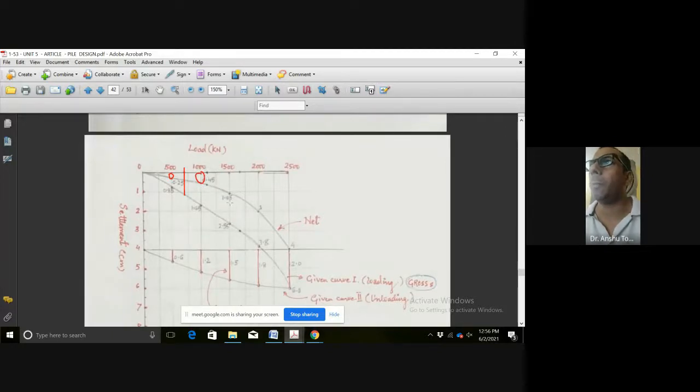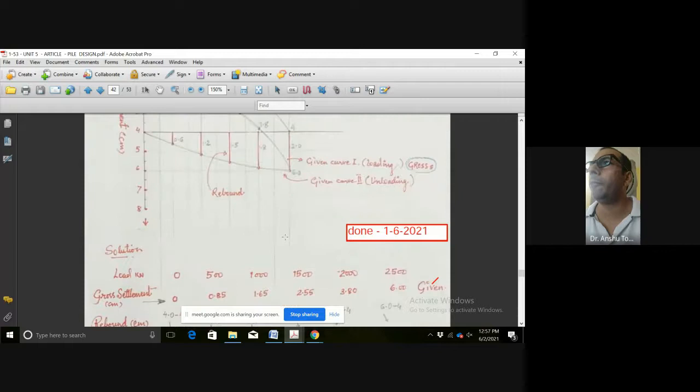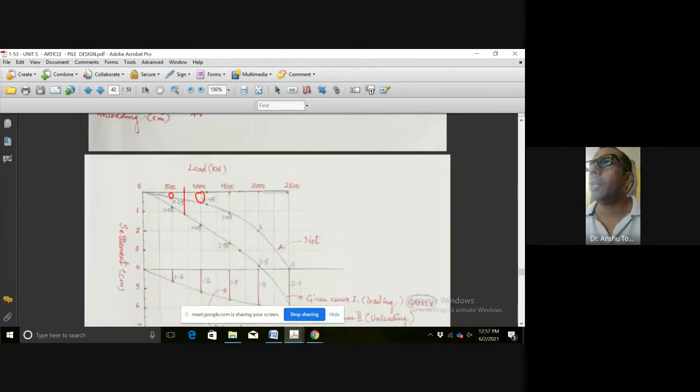Accordingly, now subtracting 2.55 minus 1.5, we will get 1.05. So this is corresponding to 1500 kilonewton. We have got 1.05. So evaluating all these values, we are going to plot this particular curve.